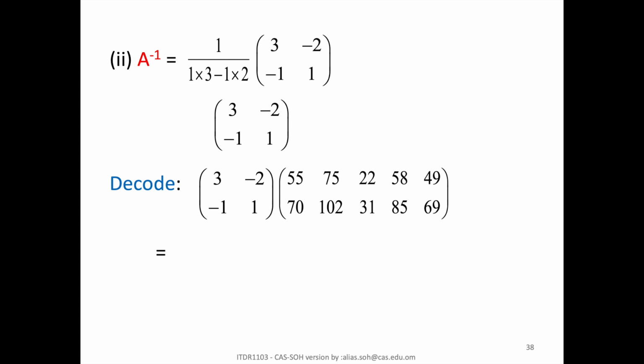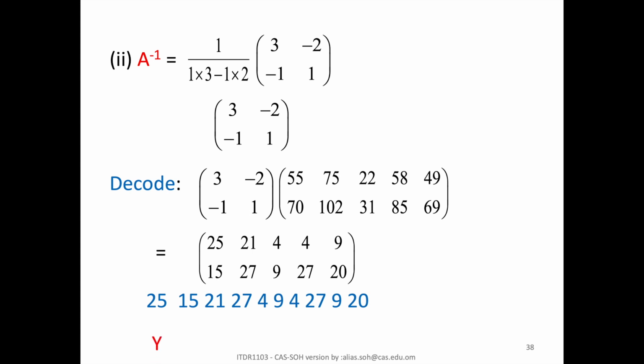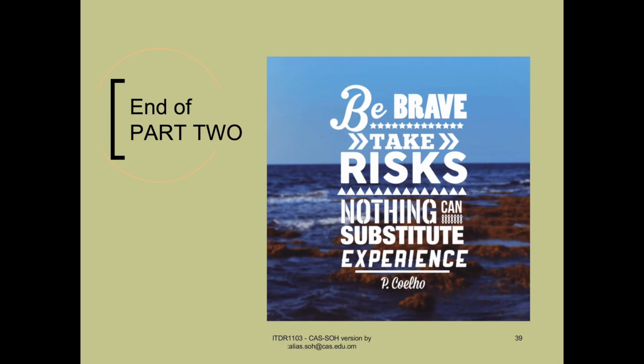Then we just multiply the encoded message by the inverse, and we got this matrix. Then what do we do? We convert those values to letters, and we got this message. And yes, we did it. You did it.